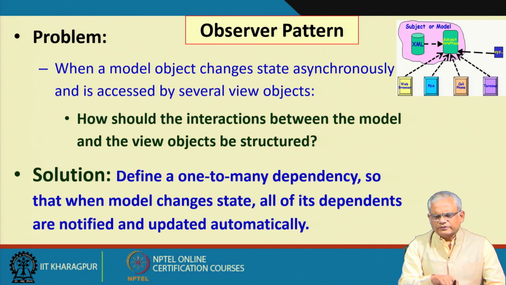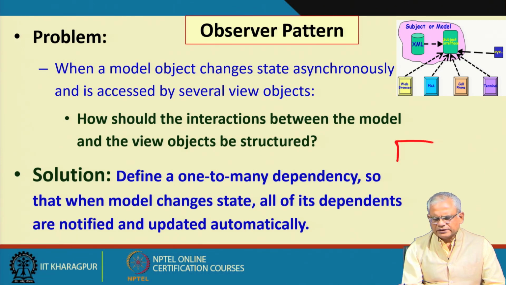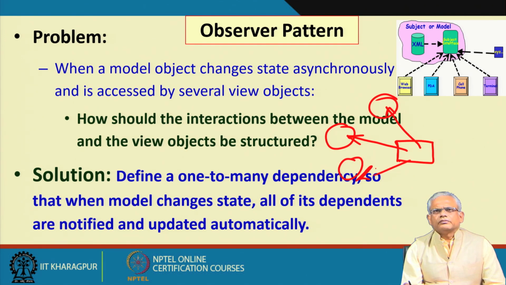Somehow we need to set up this one to many dependency. These are the observers, and this is the model, and there is a one to many dependency.